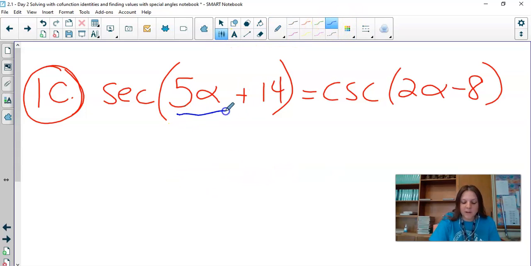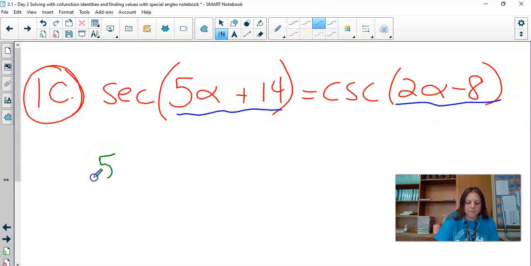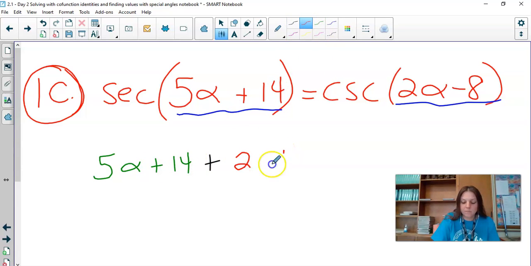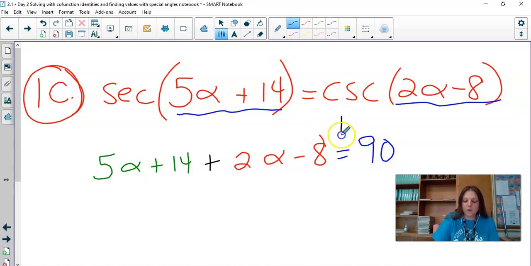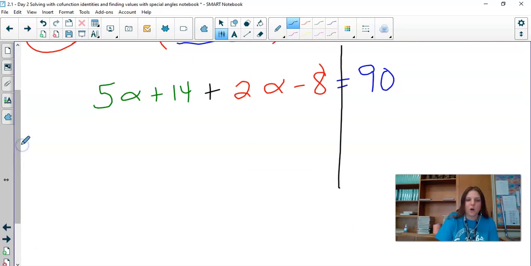Okay, identify your angle and write out your equation. Combine your like terms and solve. So go ahead and try this one on your own, pause if needed, and then verify your answer when you've got it done.